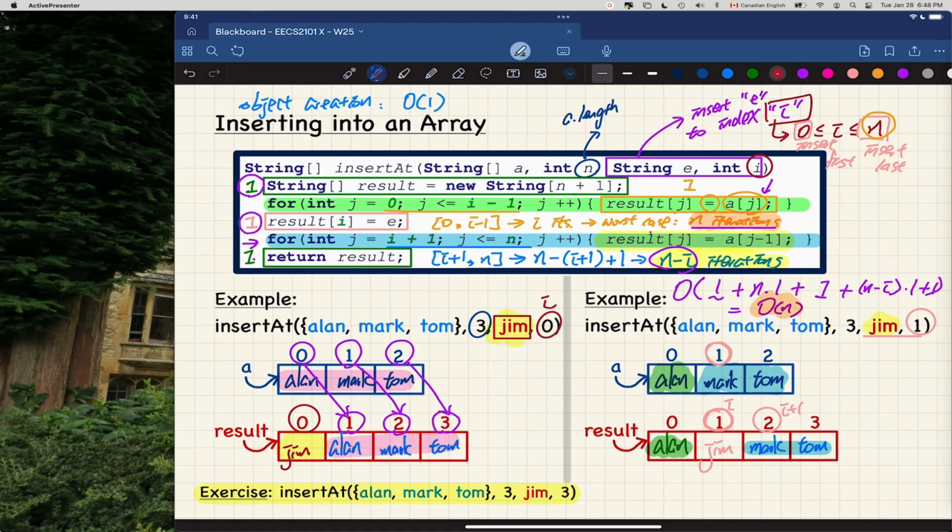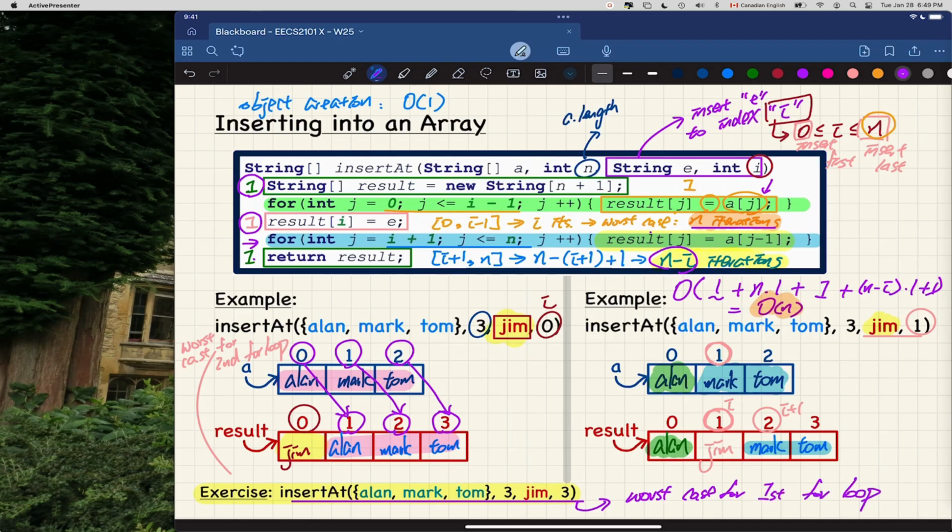So let me just give you some insight over here you can think about. This one here is really the worst case for the second for loop. And this one over here is really the worst case for the first for loop.